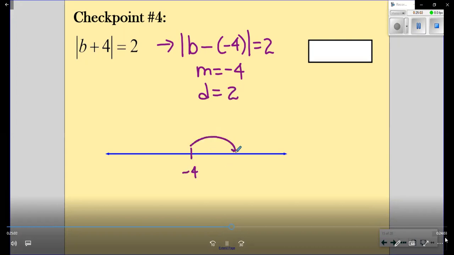And we can do positive 2, and then we do negative 2. So negative 4 plus 2 gives us negative 2. And then negative 4 plus negative 2 gives us negative 6. And then we should have it written as negative 6, negative 2.